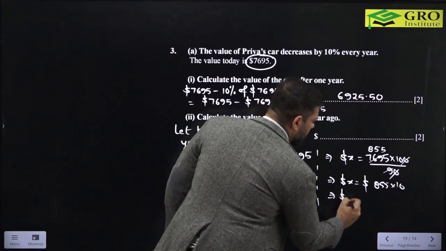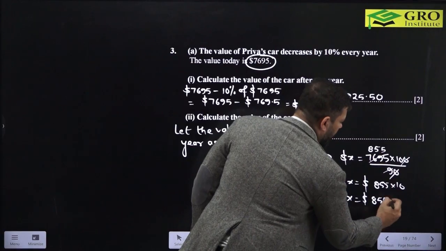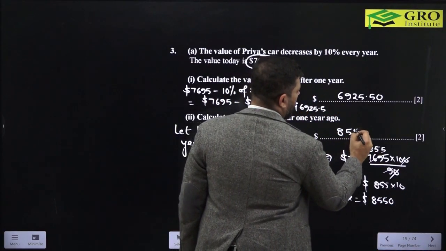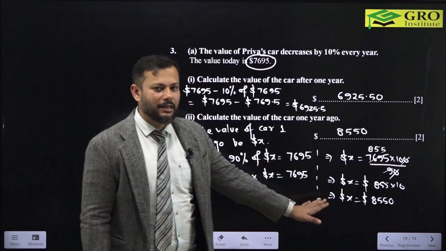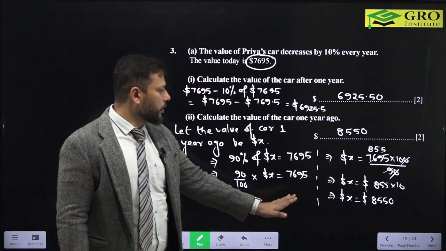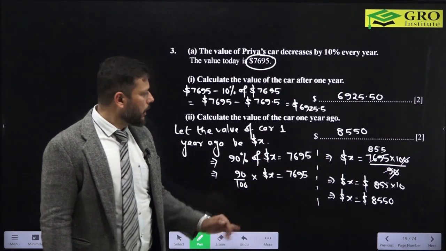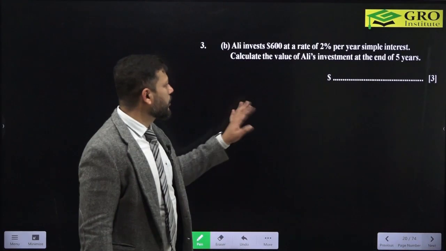So the answer is 8,550. So this is what we need to write here. Guys, it's a 2-mark question. That is why showing the relevant steps are very important. So I hope the value of car 1 year ago is clear to you. Let's move ahead. We are done with part A, and now let us look at part B.